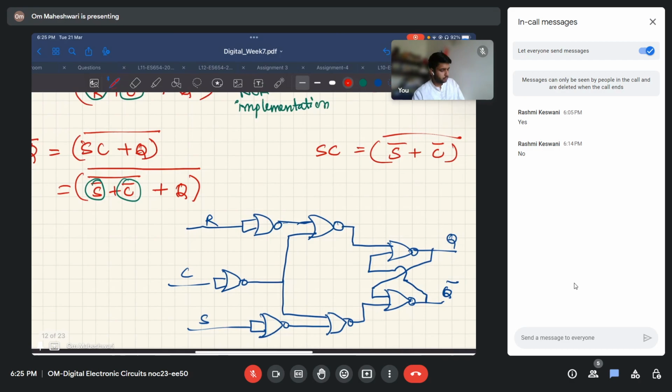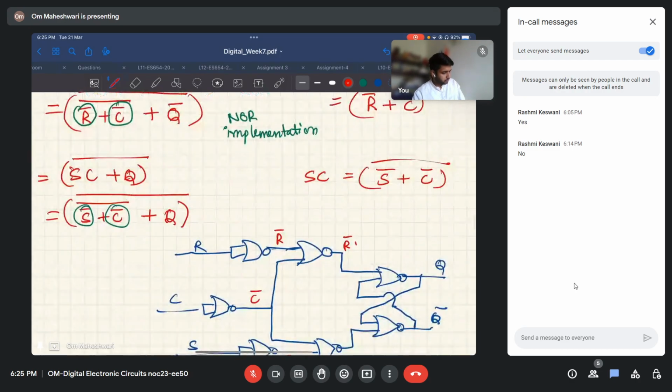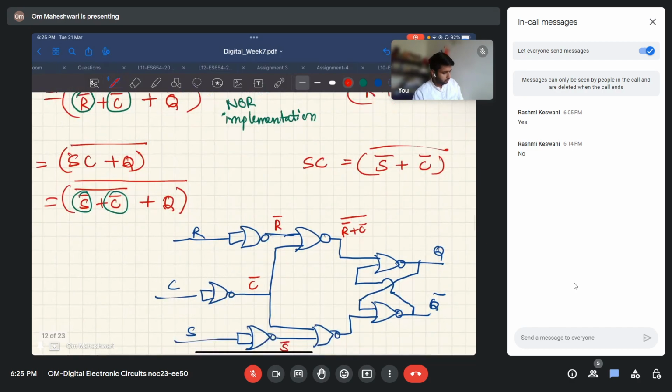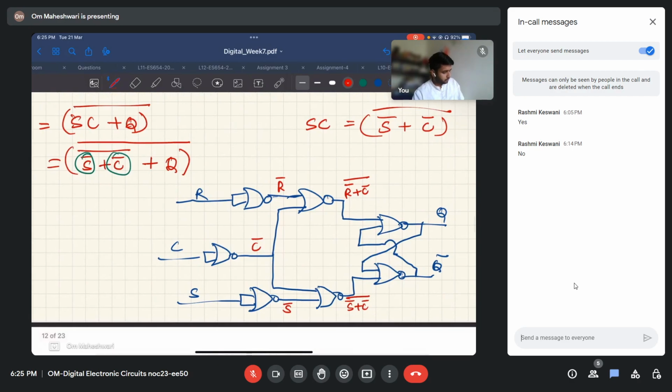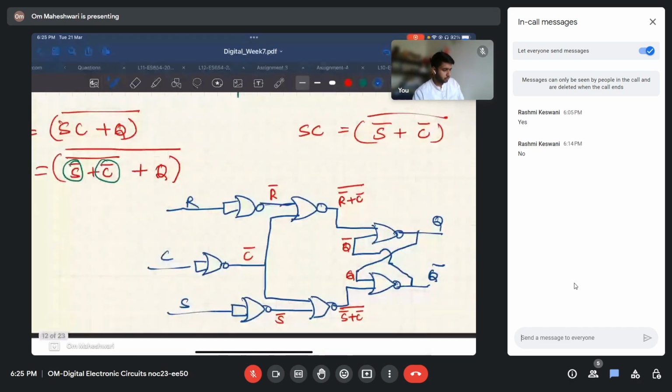Right. So here we have R bar, C bar, S bar. We have R bar plus C bar whole bar. We have S bar plus C bar whole bar. Here we have Q. Here we have Q bar. These are the outputs. So they have written Qn plus 1. Okay.